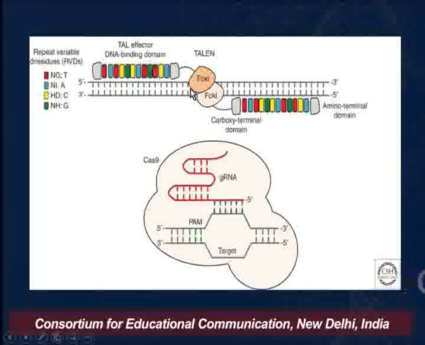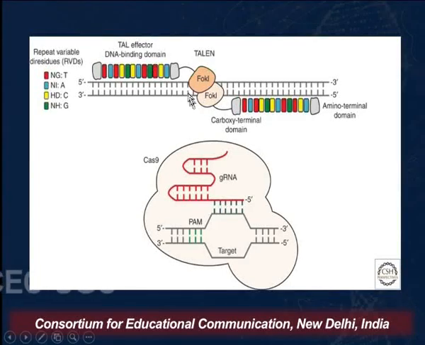Then there are what are called TALENs. These TALENs are again just like ZFNs, but they contain long nucleotide-recognizing repeats. And then the widely accepted and most efficient method, the CRISPR-Cas9 system.